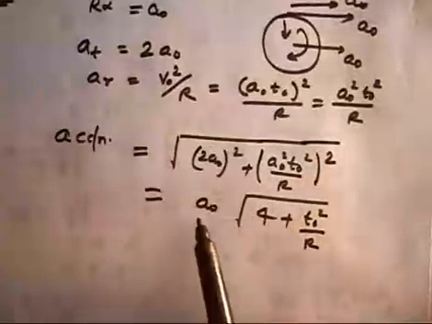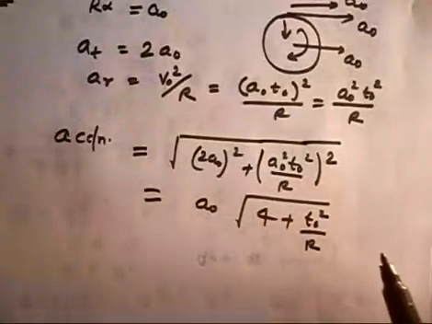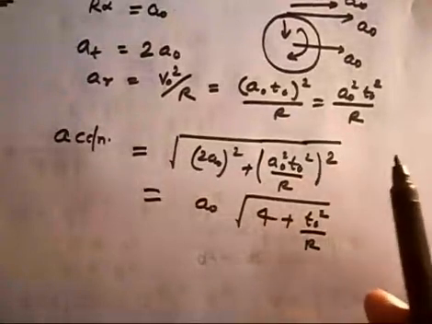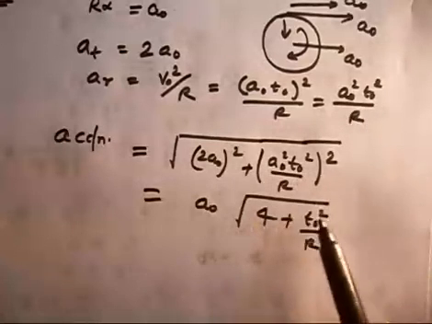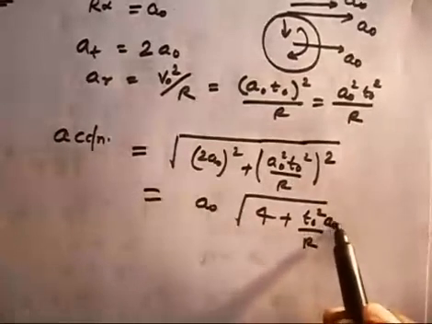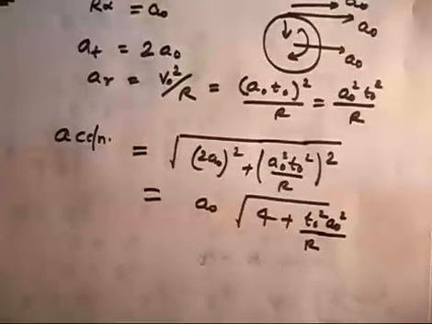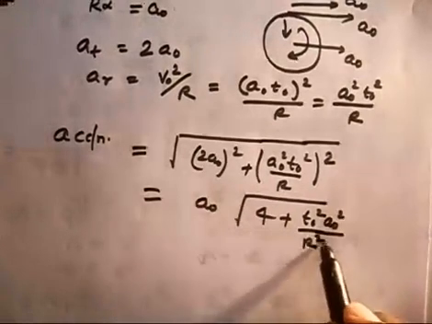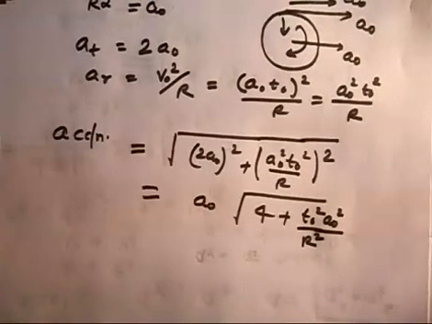Now, because the dimension is not coming correctly, that's why I am looking for some error in the calculation. You see this is the square of the radial acceleration, so this will come out to be a naught square t naught square by r. Now you see a naught t naught whole square, so divided by r square also, because a naught t naught has the dimension of length, so a naught t naught square will have the dimension of length square, and if you divide by length square you will get the desired result.